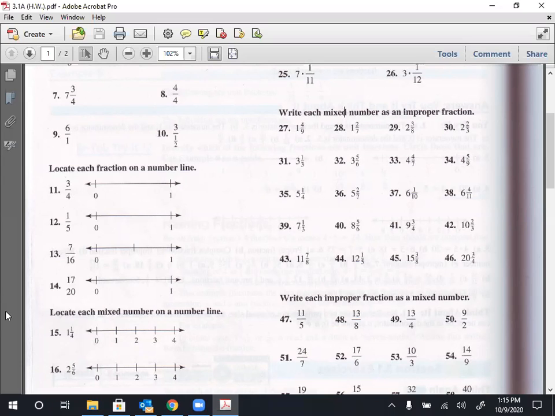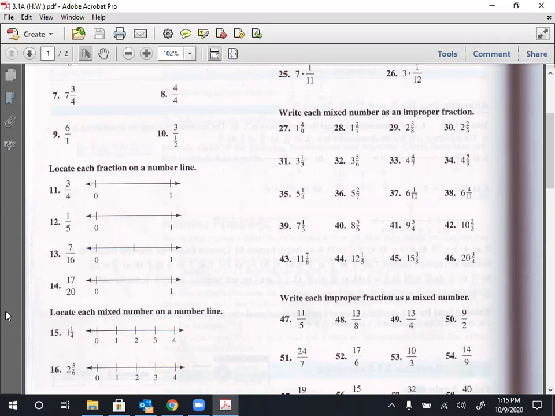Try 36. 5 times 2 is 10. Do the multiply the bottom, Luis. So you have 5 and 2 over 7, right? Multiply 7 by 5 and you get? I'm trying to think about it.